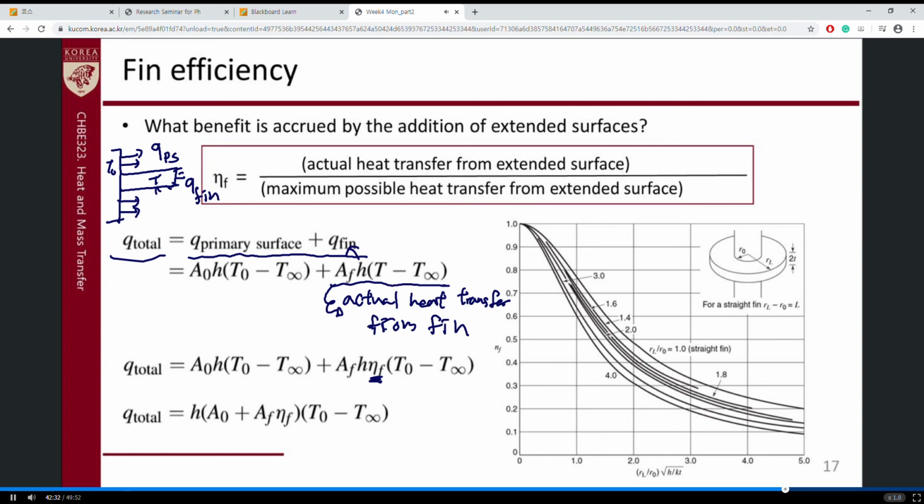So we can take out the h, and the final equation can be here. Q total is h (A0 plus A_F times efficiency) times (T0 minus T infinity). This is Q total, which we can expect from a surface having an extended surface like this. Okay?